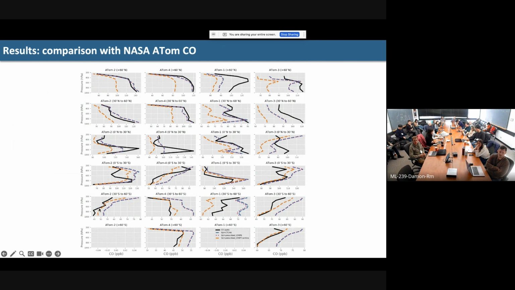And the CAMS emissions are actually doing better in the tropics. So some of those things are from fires. And usually better in the southern hemisphere where we tend to overestimate CO observations. So this is in line with the MOPITT column observations.